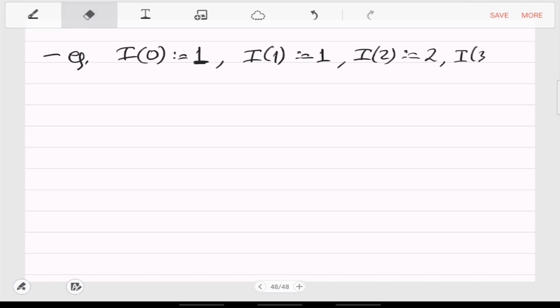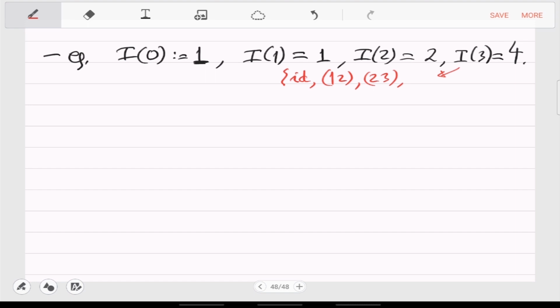Sorry, I shouldn't say definition. These are equal. What is I3 on 1, 2, 3? Yeah, that you have to check. It's 4. So the examples are: you don't do anything, that's identity, or you flip 1 and 2, or you flip 2 and 3, or you flip 3 and 1.